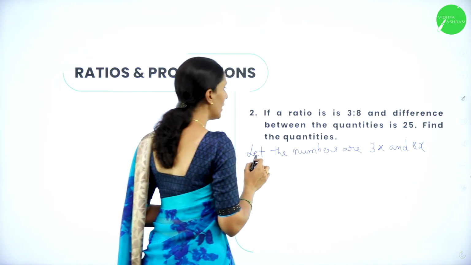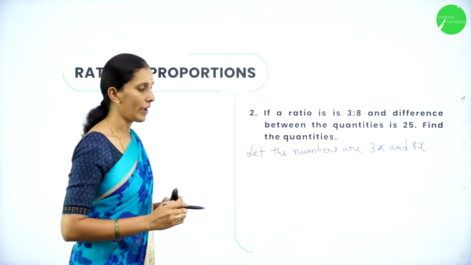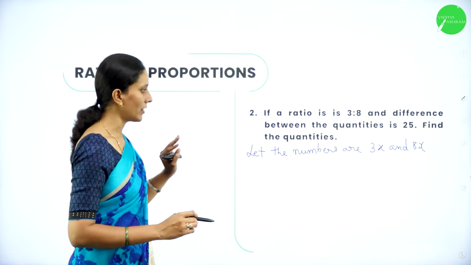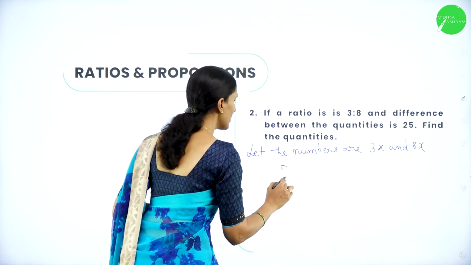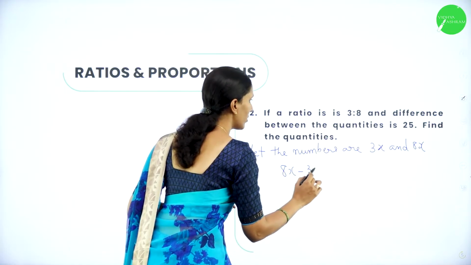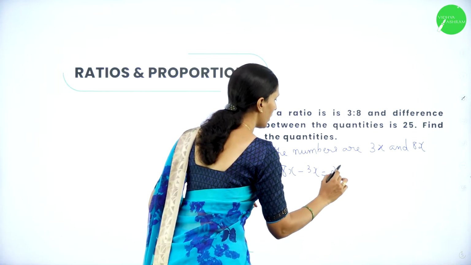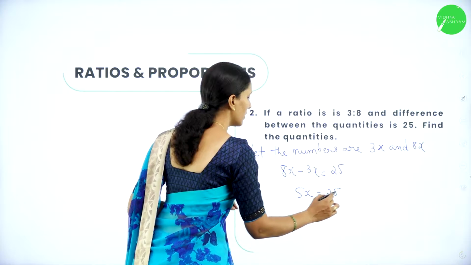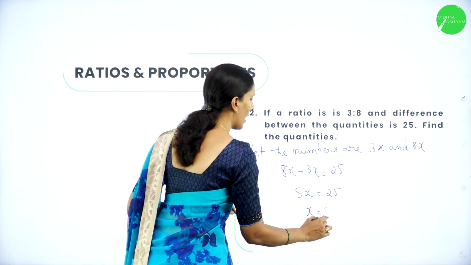They have given their difference is 25. So clearly 8x is greater than 3x, therefore I'll take their difference: 8x minus 3x is equal to 25. I will get 5x is equal to 25, so x is equal to 5.